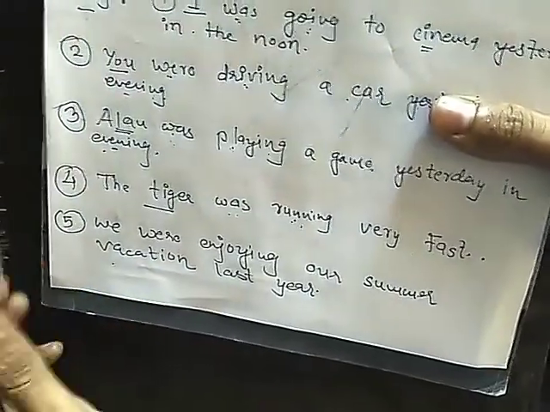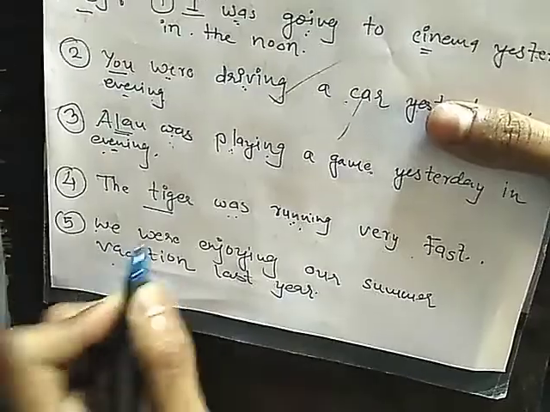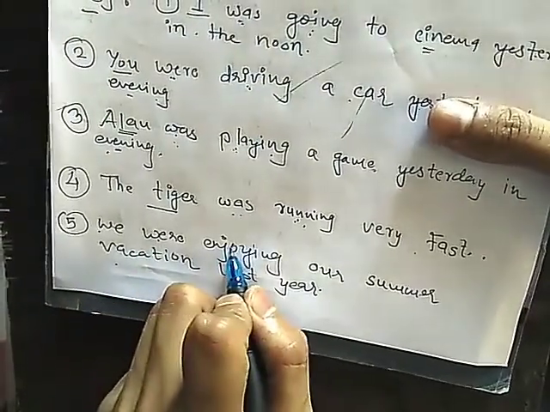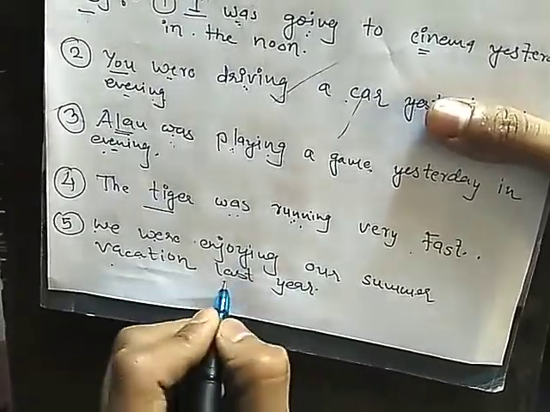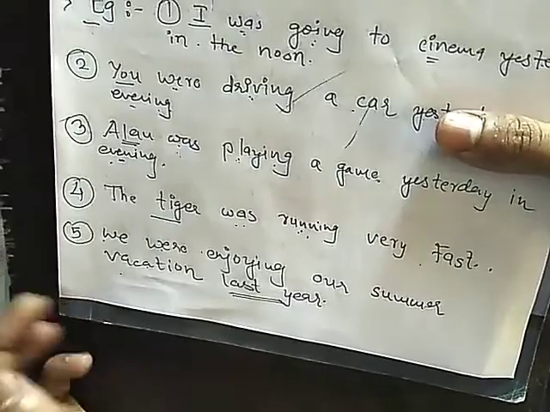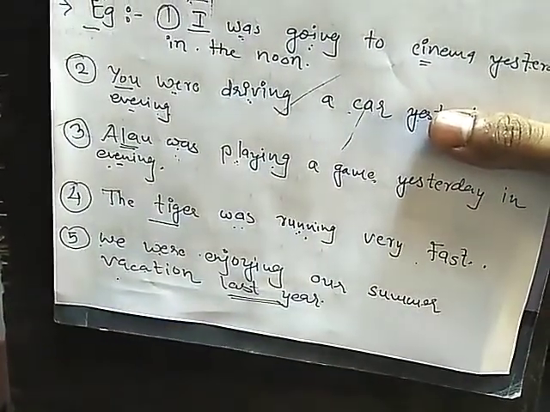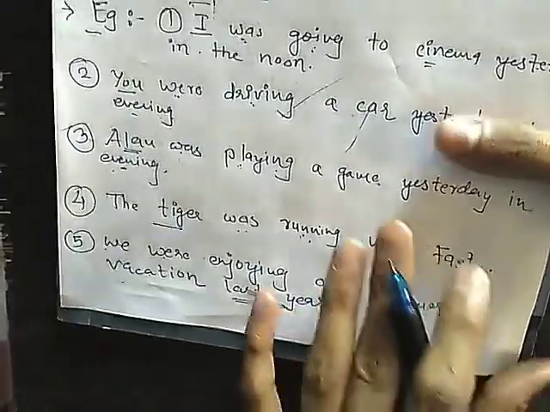So this is a kind of different sentence. We is your subject, were plus verb with ing, were enjoying our summer vacation. Here you are talking about last year. It means the ongoing action of the past, the last summer that you are talking about.